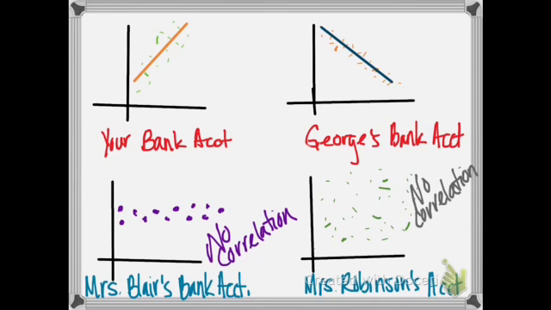So then if we look at no correlation, well, I could draw a line through that, but it's not going in any direction. It doesn't tell me anything. And then this mess over here with Miss Robinson, her hot mess of a bank account, there's really no rhyme or reason as to what's going on. Like, I can't draw a line through that.